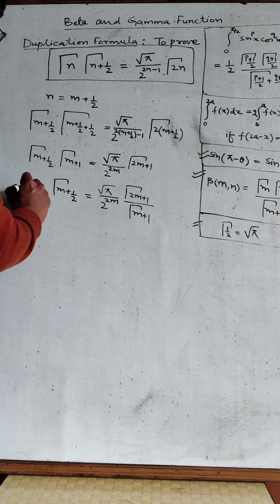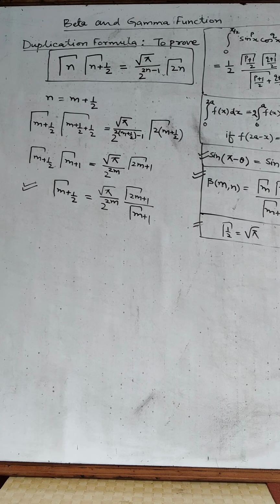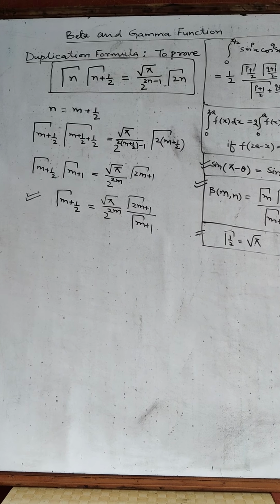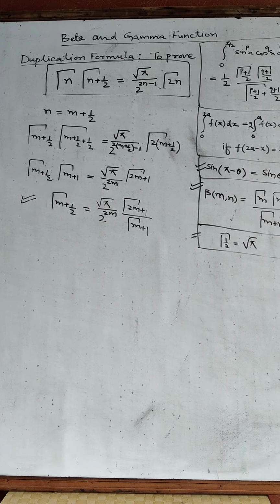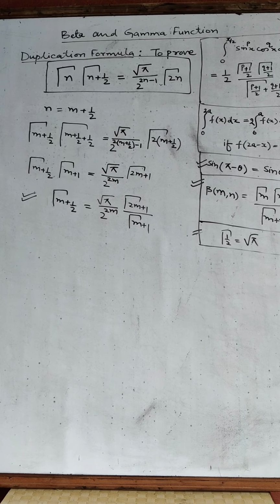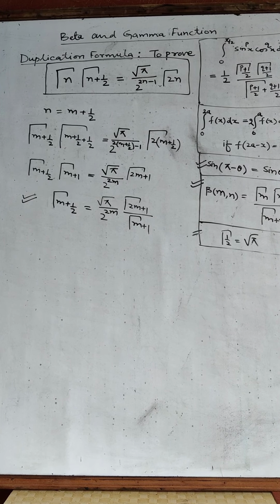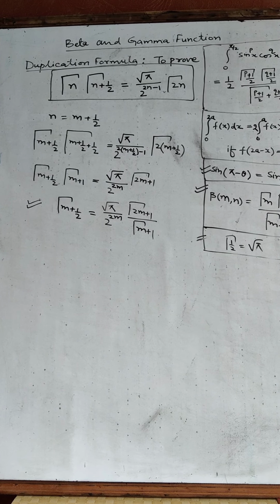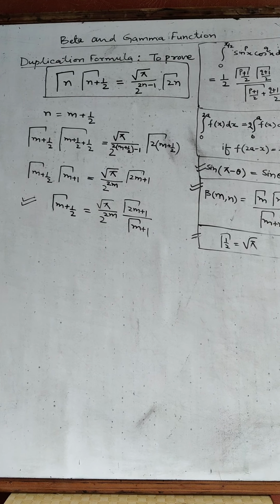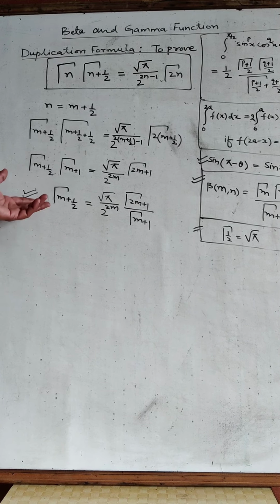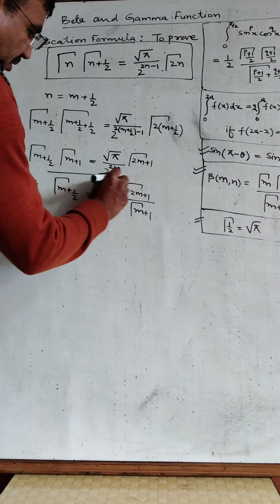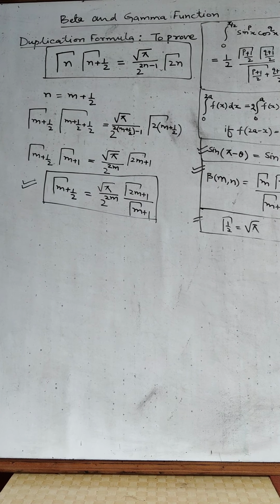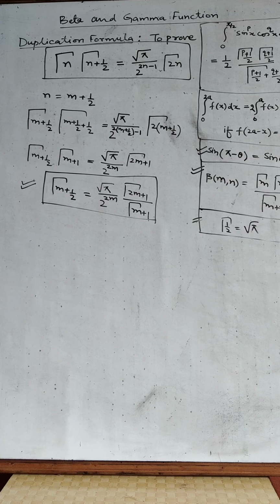This is another form of the duplication formula. You will find somewhere in your exam: prove gamma of m plus 1 by 2 is equal to square root of pi over 2 raised to the power 2m gamma of 2m plus 1 over gamma of m plus 1.